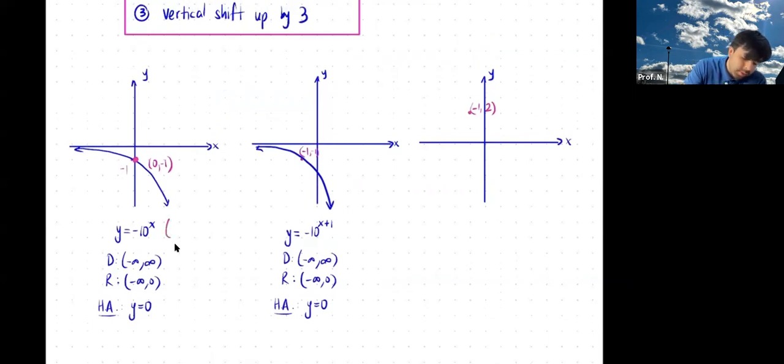So this is a reflection across the x-axis. This is a horizontal shift by 1 to the left.